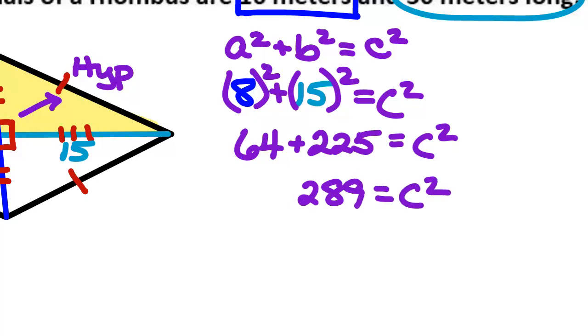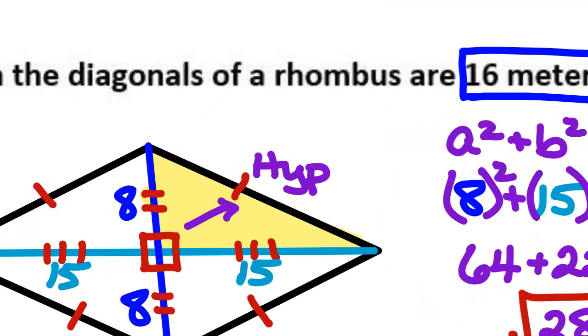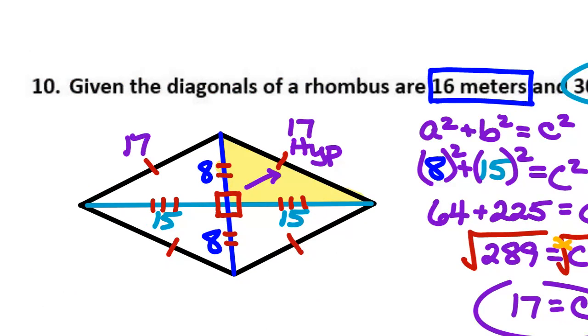And then we have to take the square root of both sides. On the right, the squared and the square root cancel each other out. What is the square root of 289? 17. So that's not the answer to my question, but now I know that each of these sides is 17.